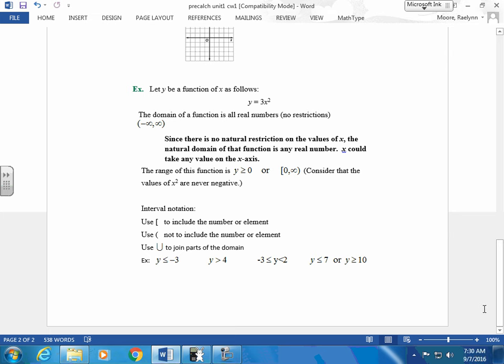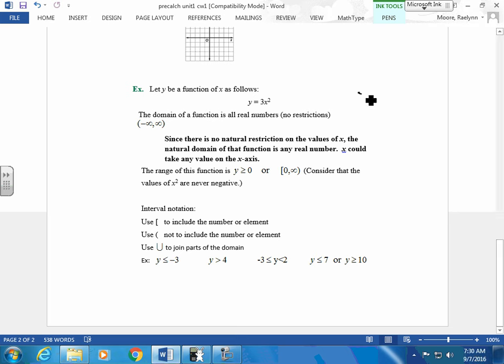Okay, and again, interval notation. We try to use interval notation. So just remember how to write your interval notation. Your bracket includes the number. Your parentheses does not include the number. We use a U to join the parts of the domain.